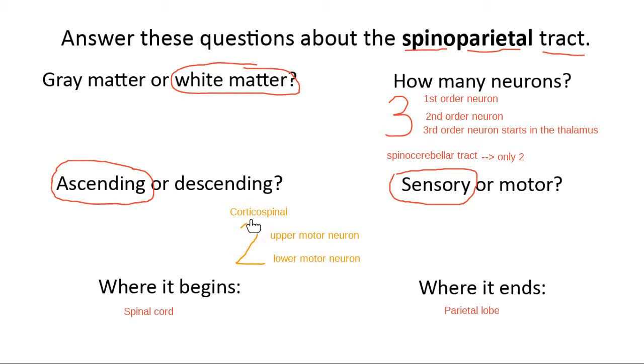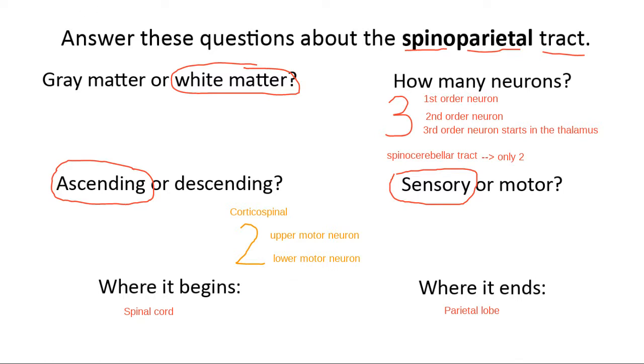If I have a descending tract, upper motor neurons start in the brain or possibly start in the cerebellum, for example, if we're talking about balance, and my lower motor neuron is what's found in the spinal cord. Let's tie it back into what we were talking about before.